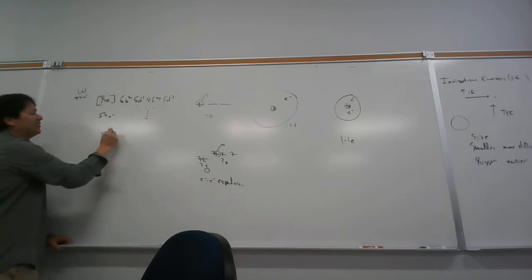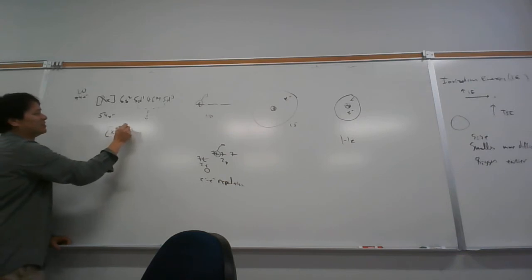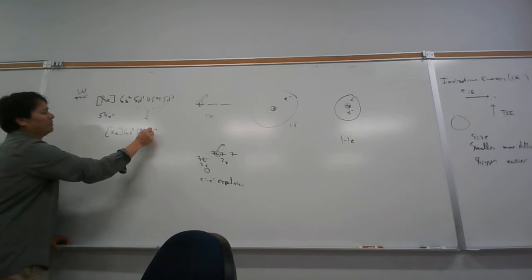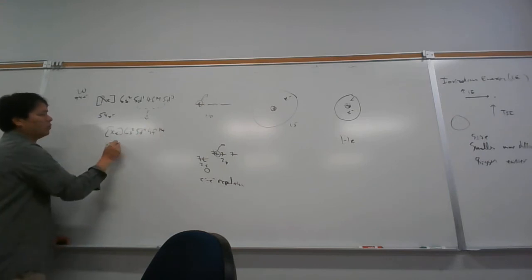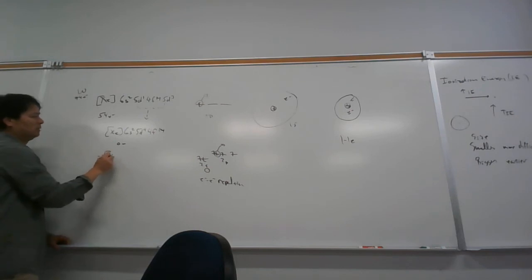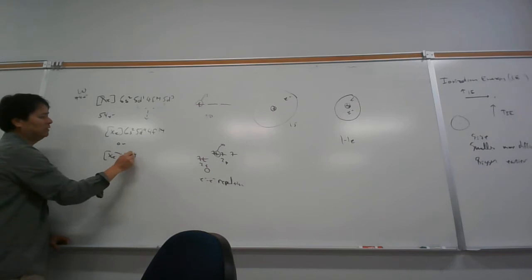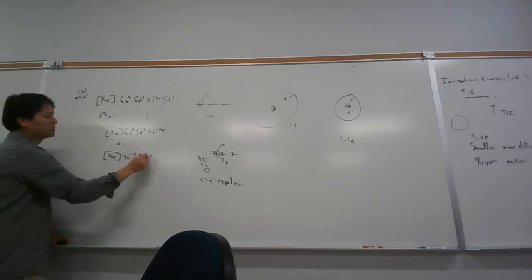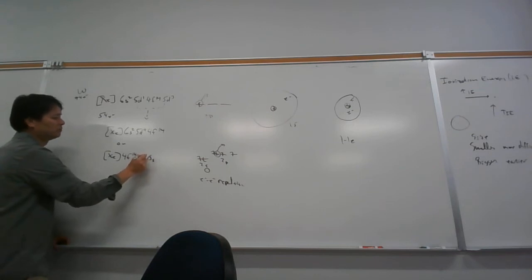When we combine it all, we're going to get xenon, 6s2, 5d4, 4f14. Or xenon, and then we do it in numerical order: 4f14, 5d4, 6s2.